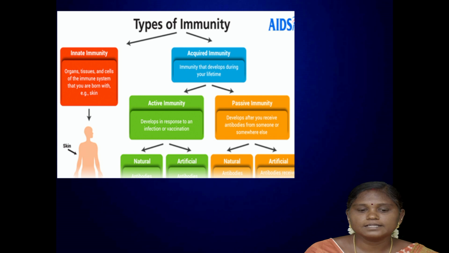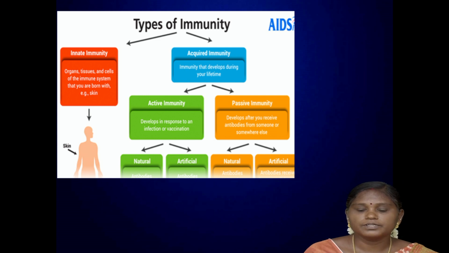Then acquired immunity is again classified into active immunity and passive immunity. Active immunity is again classified into natural and artificial. Passive immunity is also classified into natural and artificial.